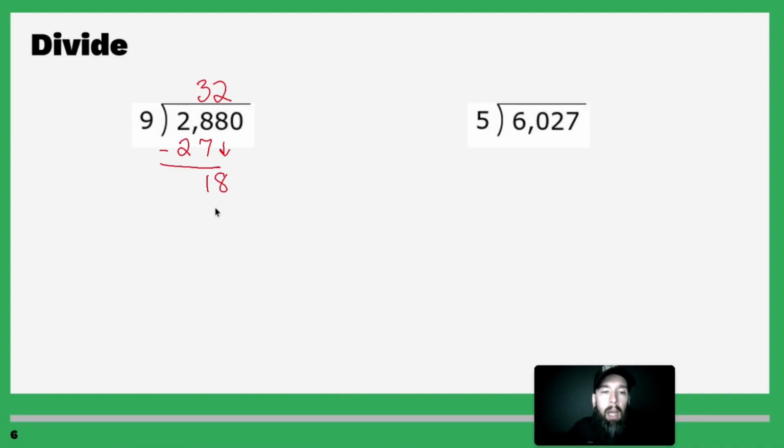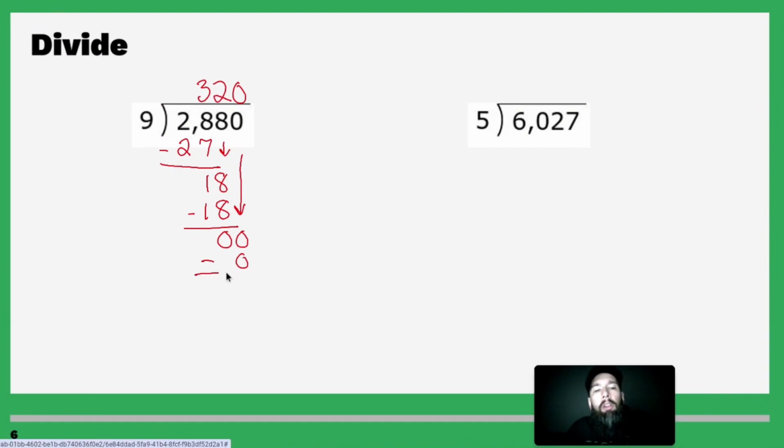Multiply 2 to 9 and you get 18. Subtract. You get 0. Drop down the next number, which is 0. 9 goes into 0, 0 times. So you write out your 0. 0 times 9 is 0. 0 minus 0 is 0. And since we're out of digits, that's our answer. No remainders. The answer is 320.